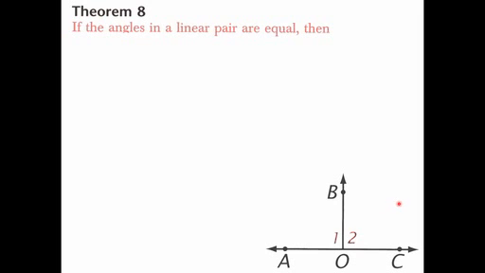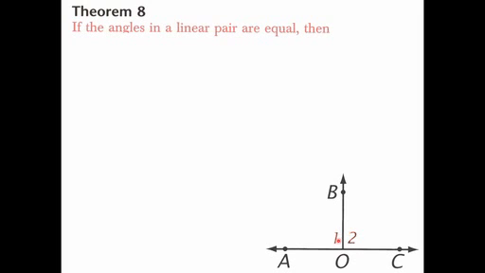Here's the theorem I said was going to be a little tricky. If the angles in a linear pair are equal, how do you think that's going to go? Several things you could say, couldn't you? If they're equal, well, it's a linear pair, so they're supplementary. Well, then if they're supplementary and they're equal, they must both be, supplementary is 180, they're equal, right?